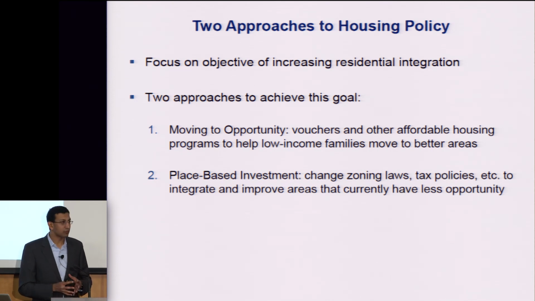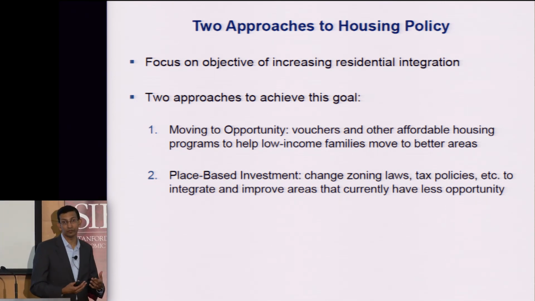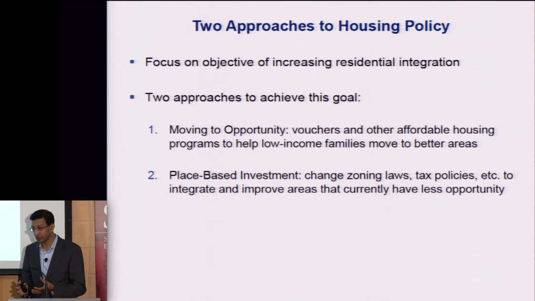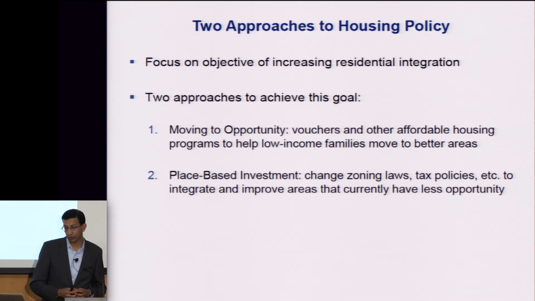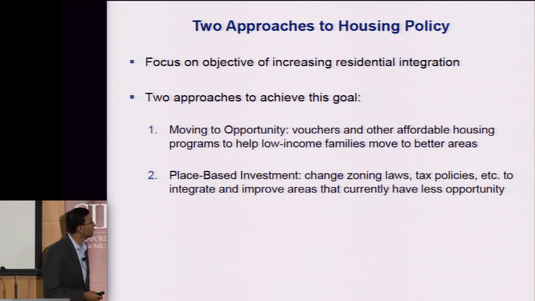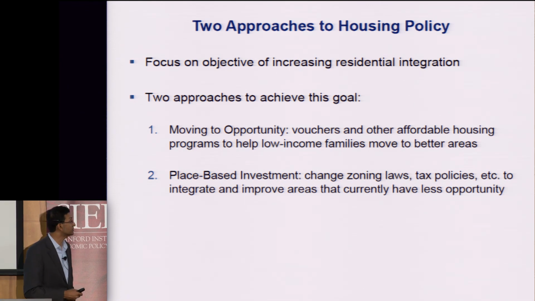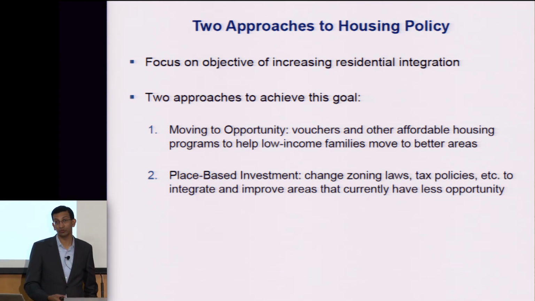So given that we think housing policy could potentially have an effect on economic opportunity, perhaps by changing residential segregation, I'm going to talk here about two potential approaches to achieving the goal of trying to reduce segregation through changes in housing policy. The first is what I'll call a set of moving to opportunity policies, where we give families housing vouchers or use other affordable housing programs to help low-income families move to better areas.